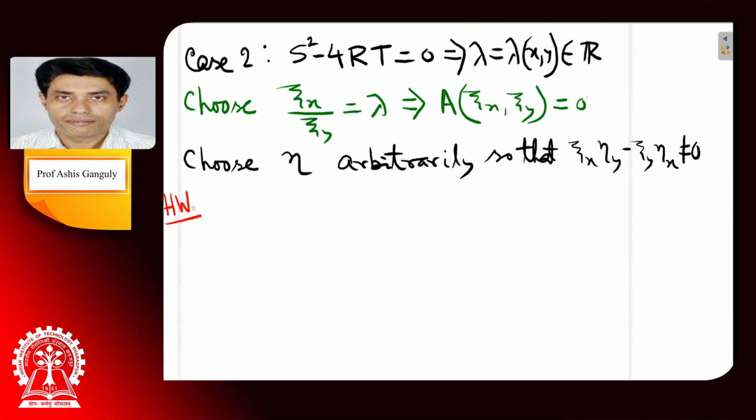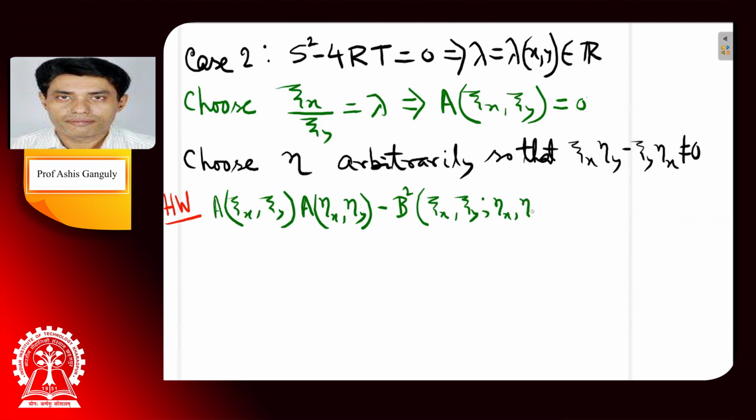It is A(xi_x, xi_y) times A(eta_x, eta_y) minus B square (xi_x, xi_y; eta_x, eta_y), just for separation.